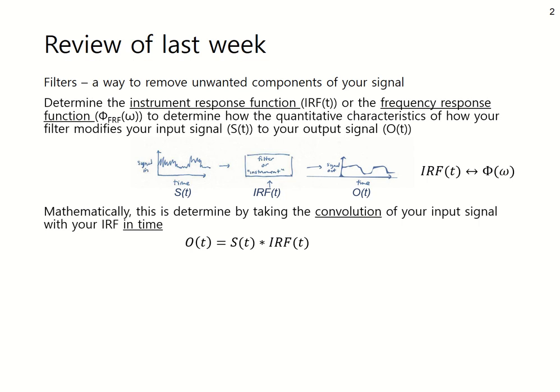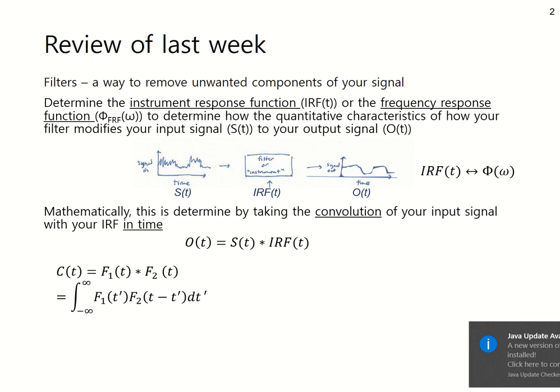And mathematically, how we write out what a convolution is actually doing is that if you have a given function f of 1, and a given function f of 2, in the time domain, what you're doing when you're taking a convolution is you're multiplying these two functions together as they're being shifted. One is being shifted relative to another with this pseudo time variable t prime. And so you're multiplying those together and then integrating the area underneath the curve after that multiplication.